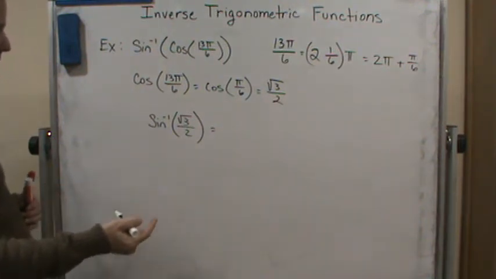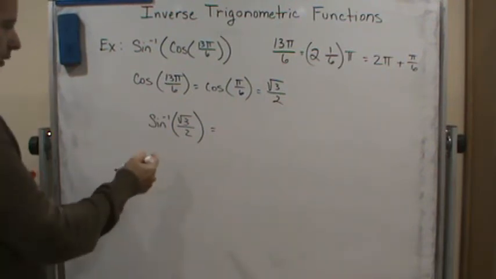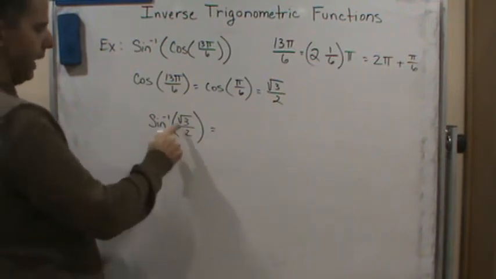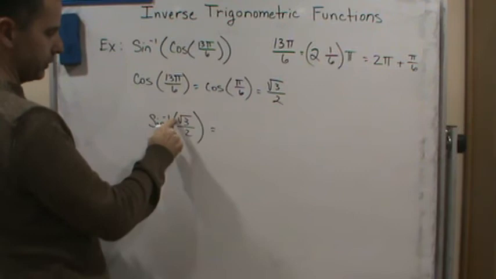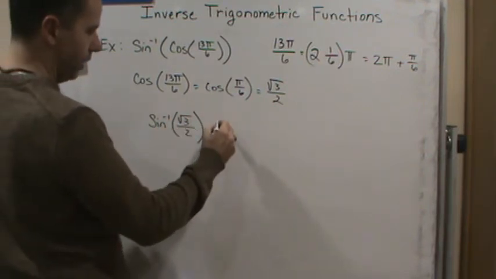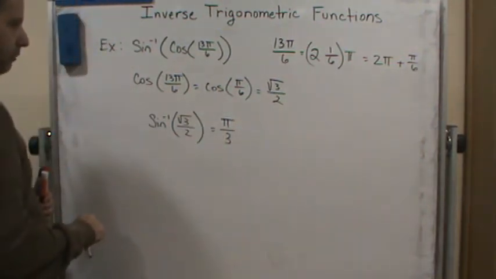Or excuse me, I'm sorry. Sine of what angle equals opposite over hypotenuse? So this is going to be a 60-degree angle. So this is going to be pi over 3. And so that's the answer, right?